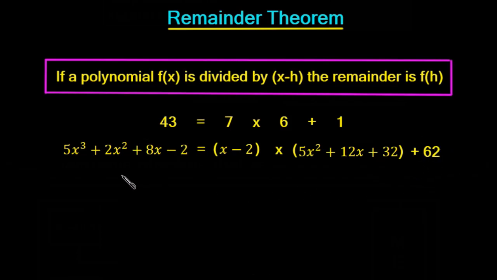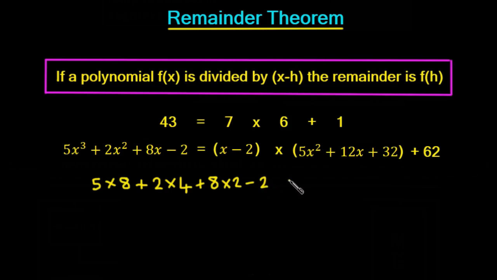So let's go ahead and just do that to prove that that's the case. So we're going to have 5 times, well, 2 cubed is 2 times 2 is 4 times 2 is 8, so it's going to be 5 times 8, plus 2 times 2 squared, so it's going to be 2 times, well, 2 squared is 4, plus 8 times the 2, minus the 2.